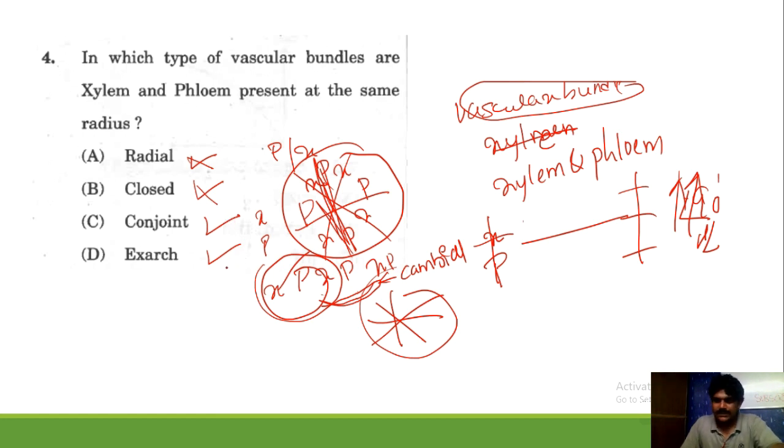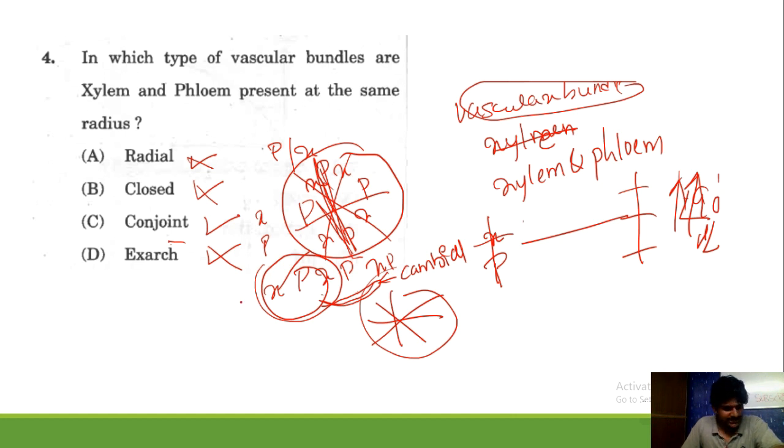But if we consider exarch, it is a different kind of system. We cannot consider here this particular kind of vascular system where there is a radial manner of arrangement of phloem and xylem.